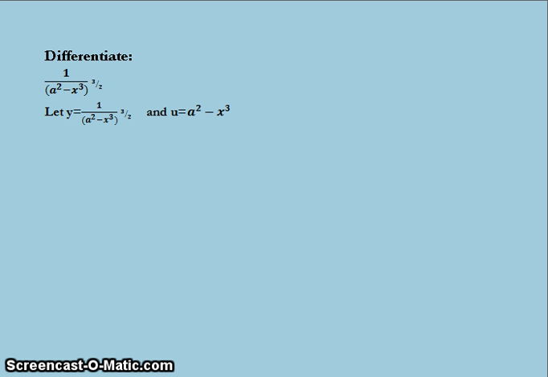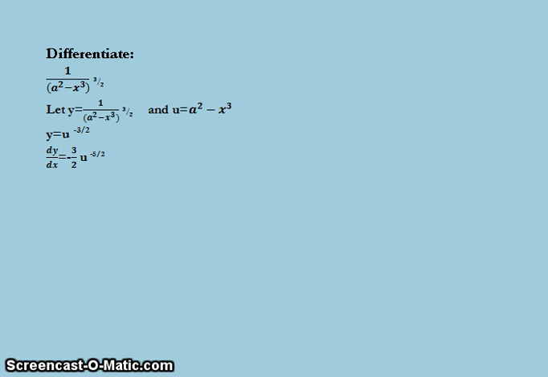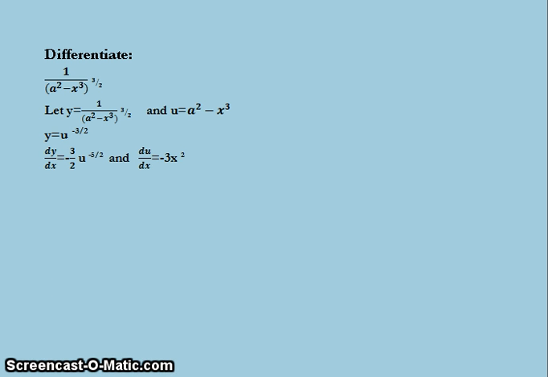Let us suppose y is equal to 1 by a square minus x cube to the power 3 by 2 and u is equal to a square minus x cube, which means y is equal to u to the power minus 3 by 2, where u is equal to a square minus x cube. Therefore, dy by du is equal to minus 3 by 2 u to the power minus 5 by 2, and du by dx is equal to minus 3x square.